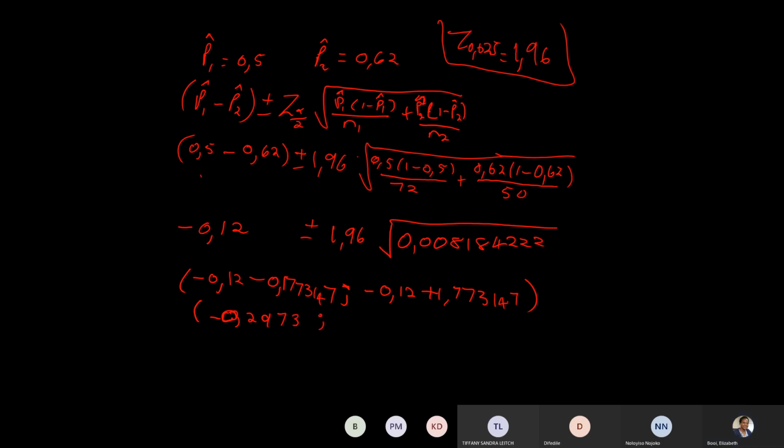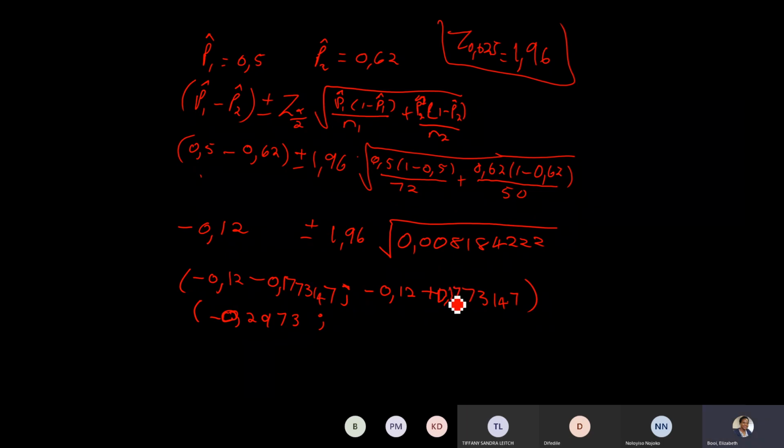And on the upper side, minus 0.12 plus 0.177314712 equals 0.0573.